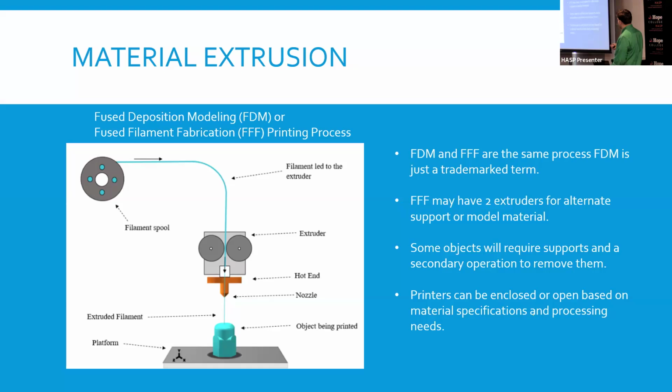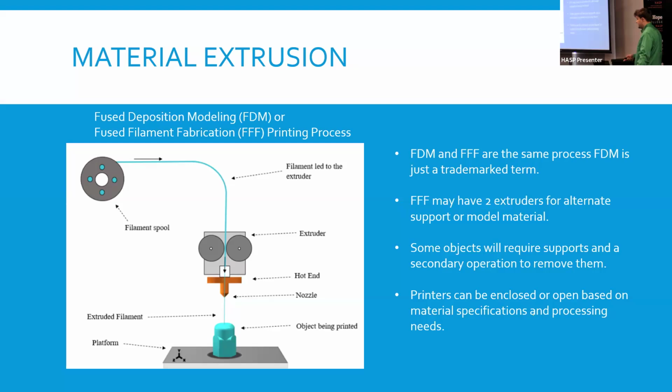The spool takes the wire into the extruder. You have a heated nozzle that pushes it out, and layer by layer, it goes around and prints the part. So it layers that wire fed material layer by layer.